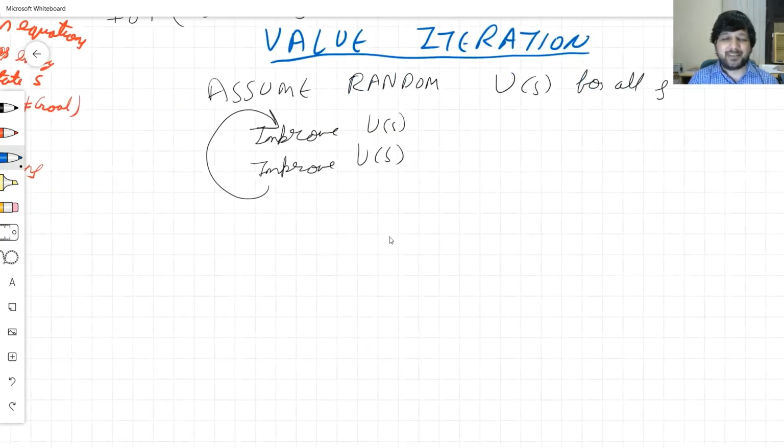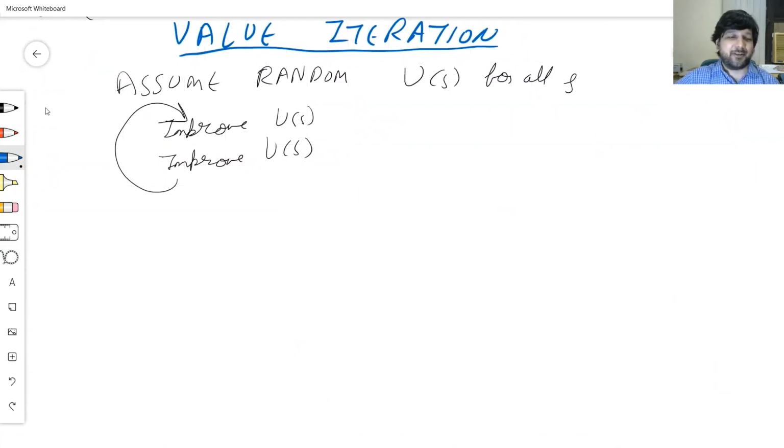I won't repeat the explanation of it because it's exactly the same equation. So the LHS is over here, and RHS is over here.